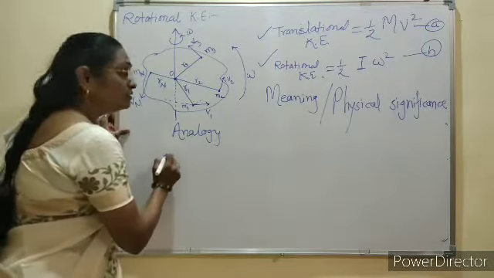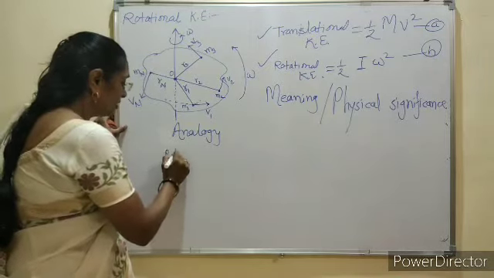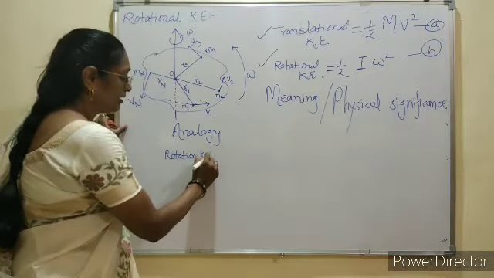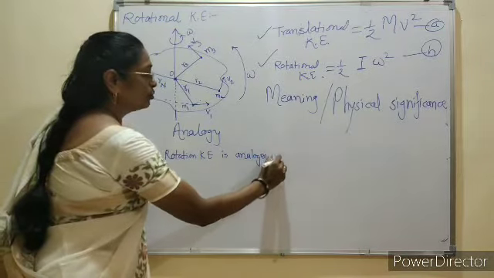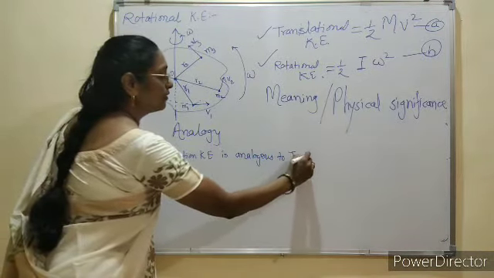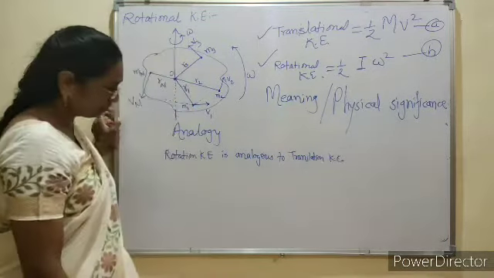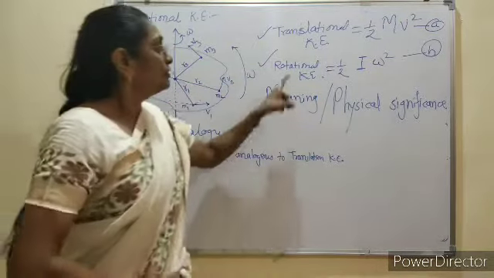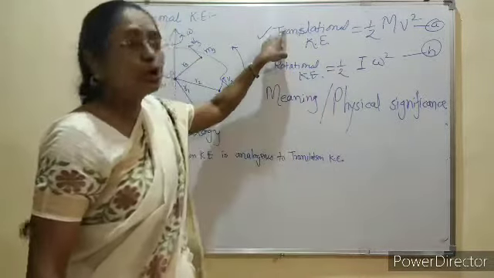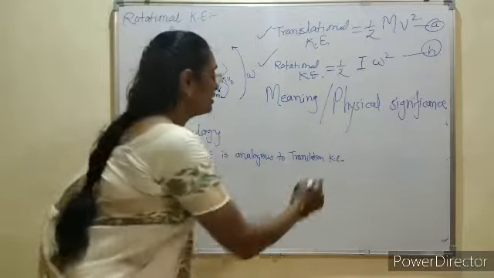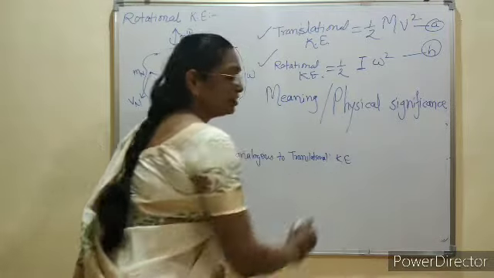We say in a sentence that rotational kinetic energy is analogous to translational kinetic energy. From these two equations, on the LHS, rotational kinetic energy is analogous to translational kinetic energy.